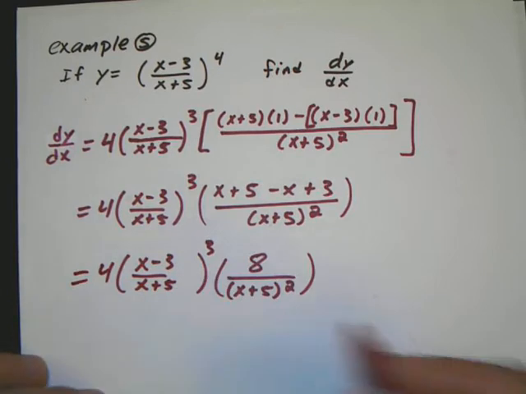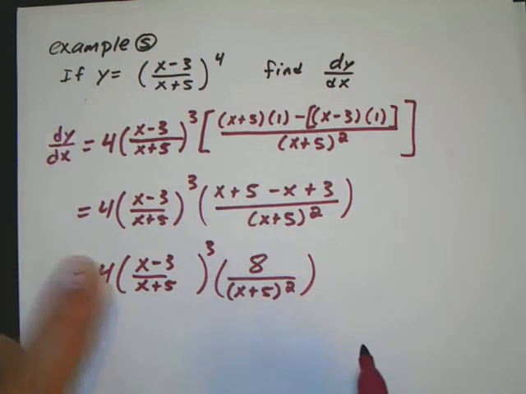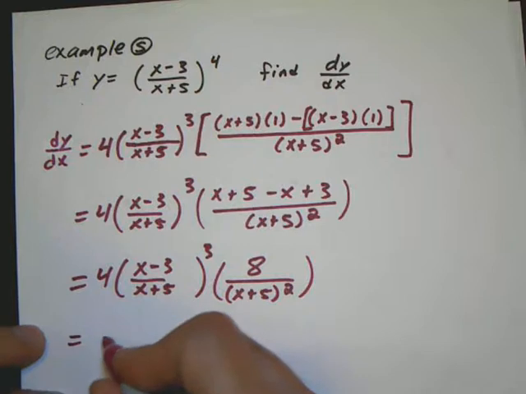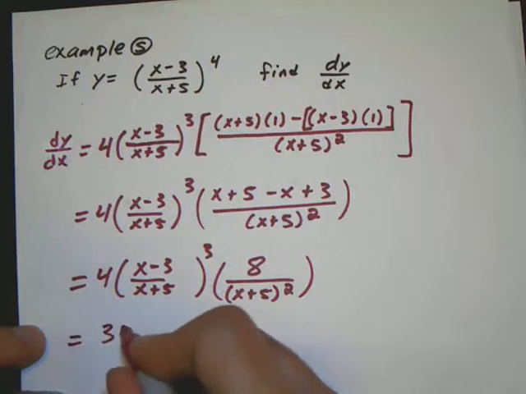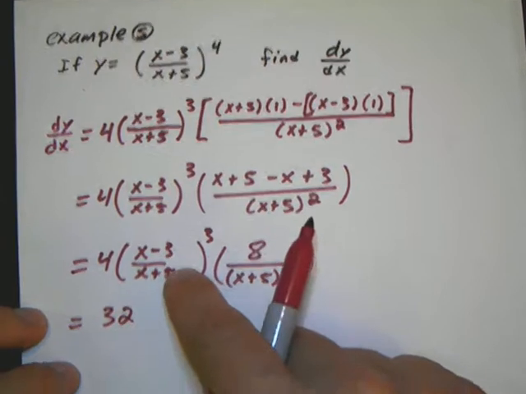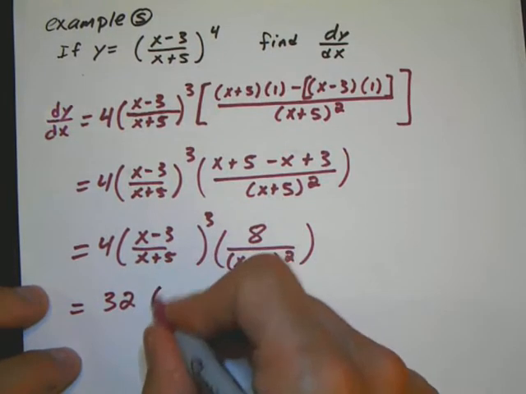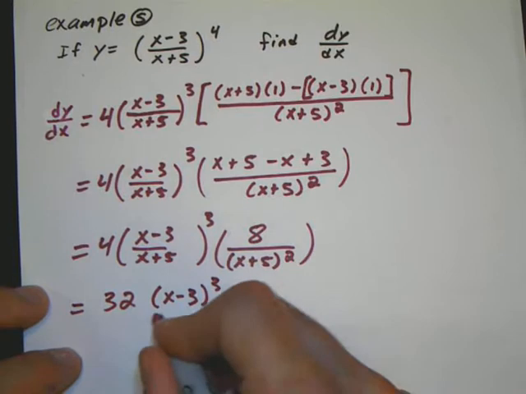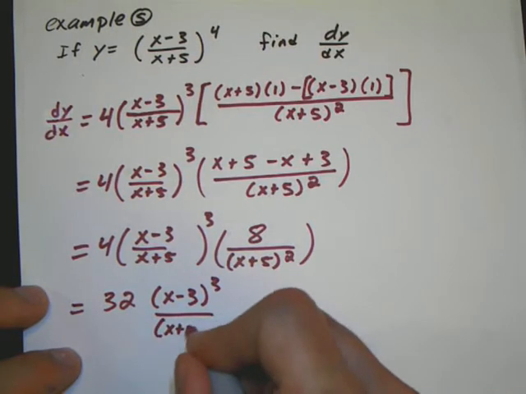I guess the last thing I can do is multiply this 4 with 8 to give me 32. And because I'm raising each individual term to the third power, I can do x minus 3 quantity cubed all over x plus 5 quantity cubed.